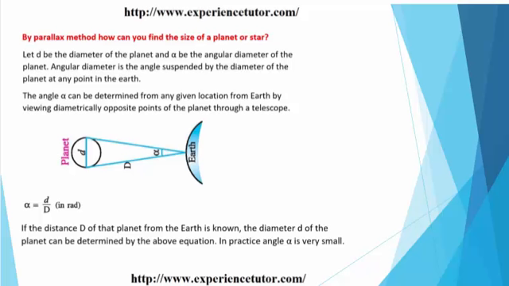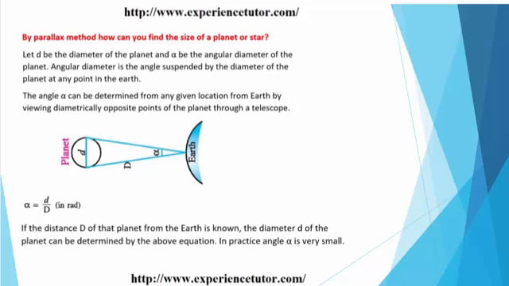Our next question is: by the parallax method, how can you find the size of a planet or star? Let d be the diameter of the planet and alpha be the angular diameter of the planet. Angular diameter is the angle subtended by the diameter of the planet at any point on the Earth.